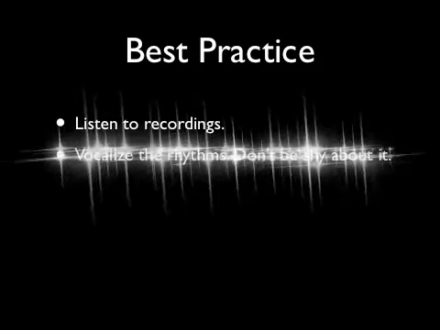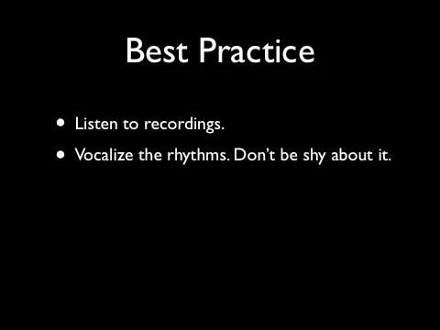Okay? So the best way to practice this, first things first, listen to recordings. The song that we have in our folder, Puerto Nuevo, uses these rhythms extensively. Second thing is vocalize the rhythms, and don't be shy about it. I gave you two examples of ways to do that. You can count the rhythms out loud, or you can use some jazz vocalizations.